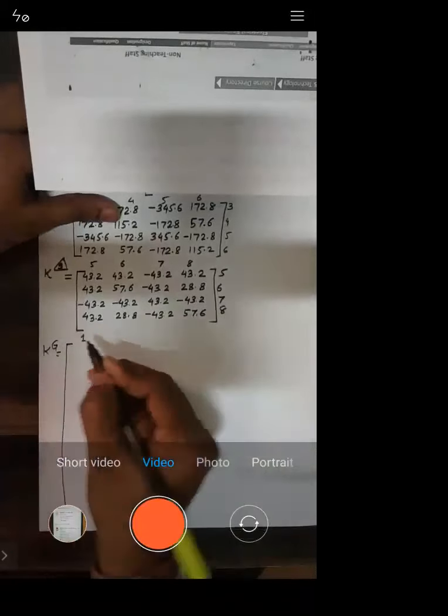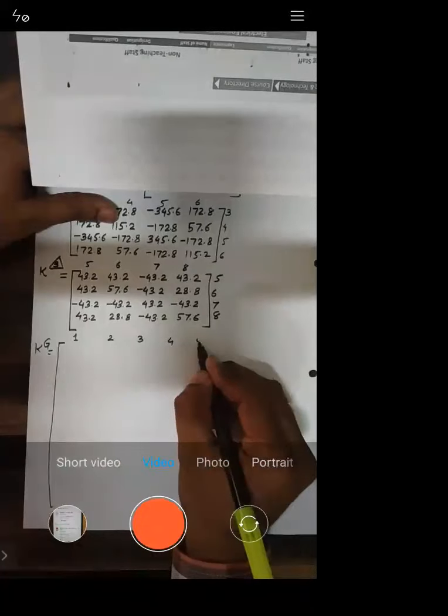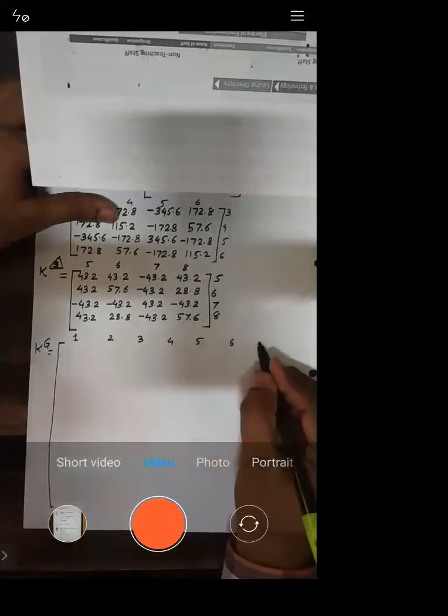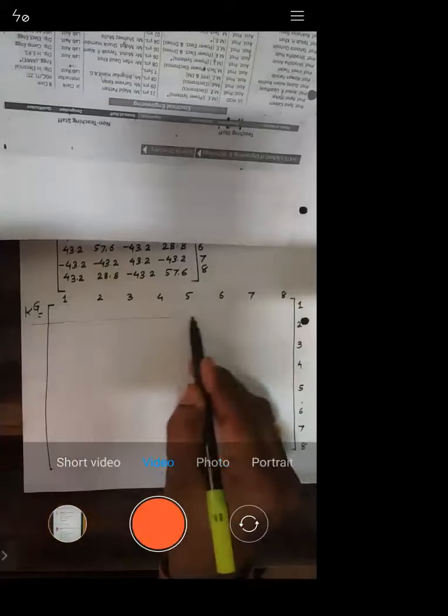This is 1, 2, 3, 4, 5, 6, 7, and 8, because its size is 8 by 8. This is 1, 2, 3, 4, 5, 6, 7, 8. So you will get 8 rows and 8 columns.